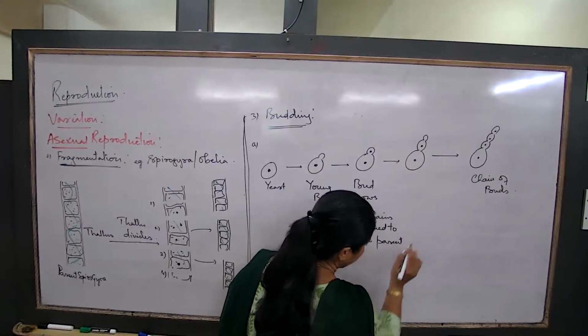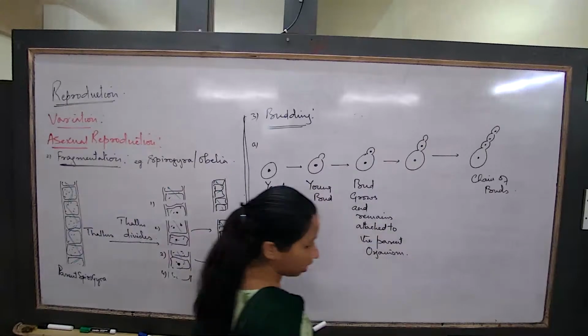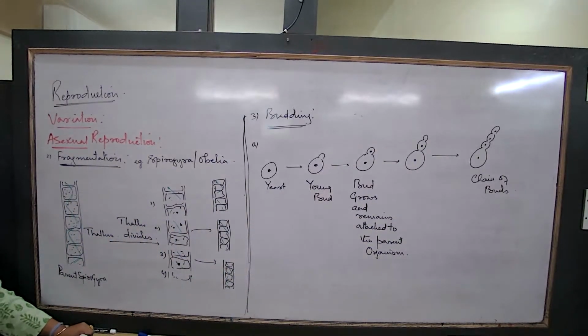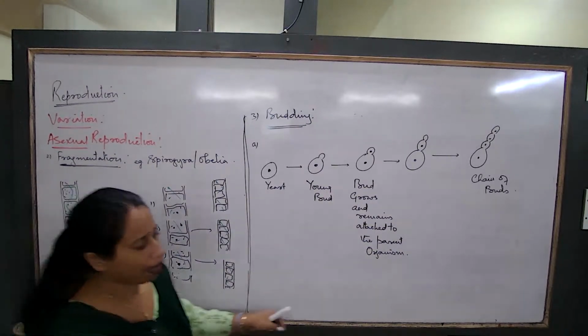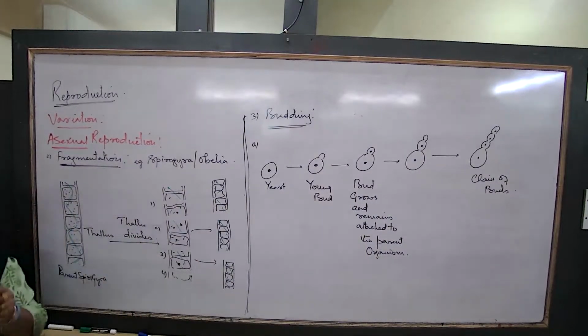Once it is fully grown, does it get detached? No, it does not get detached. Then it will again give rise to another bud and the process continues. But do they get detached? Yes, after long chains are formed, then abruptly they will detach.